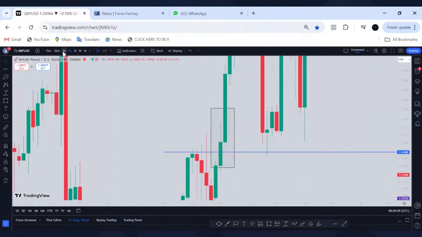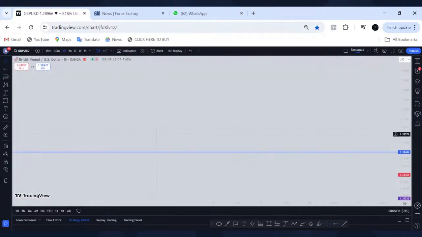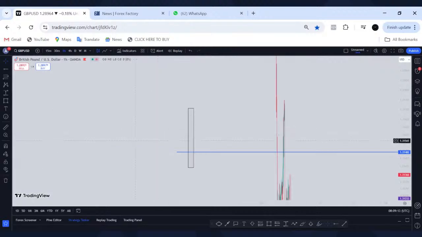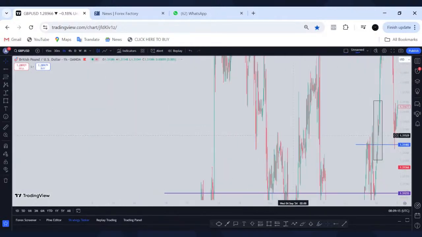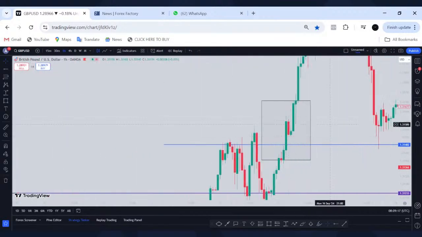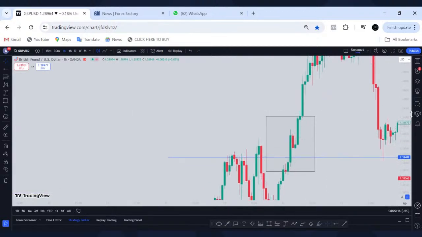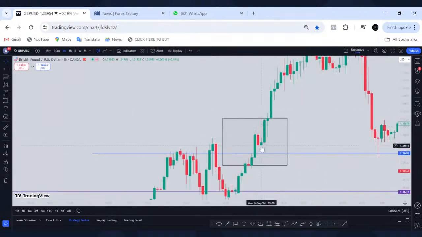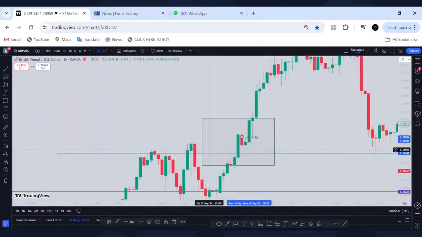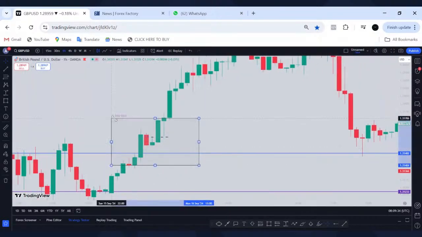So I'm expecting the H1 to make a pullback like this. Then I'll enter the buy. This is what I was expecting it to happen.